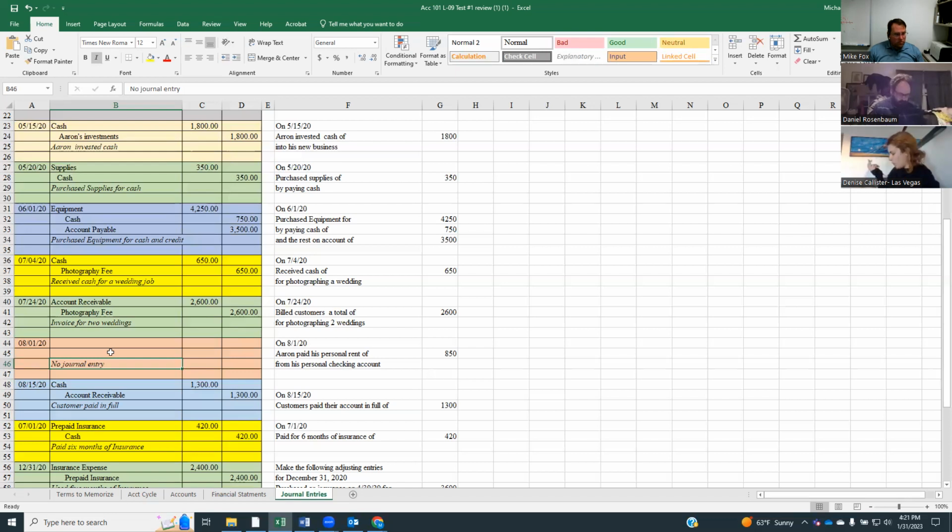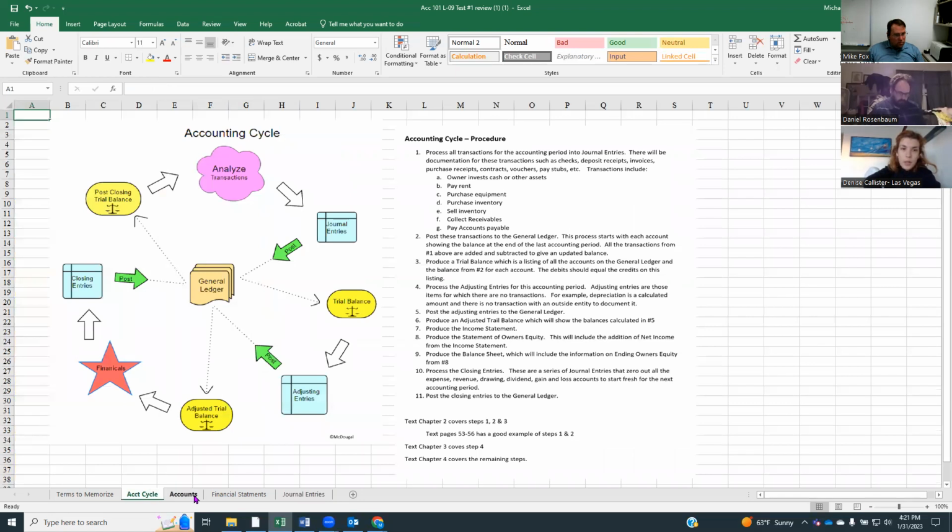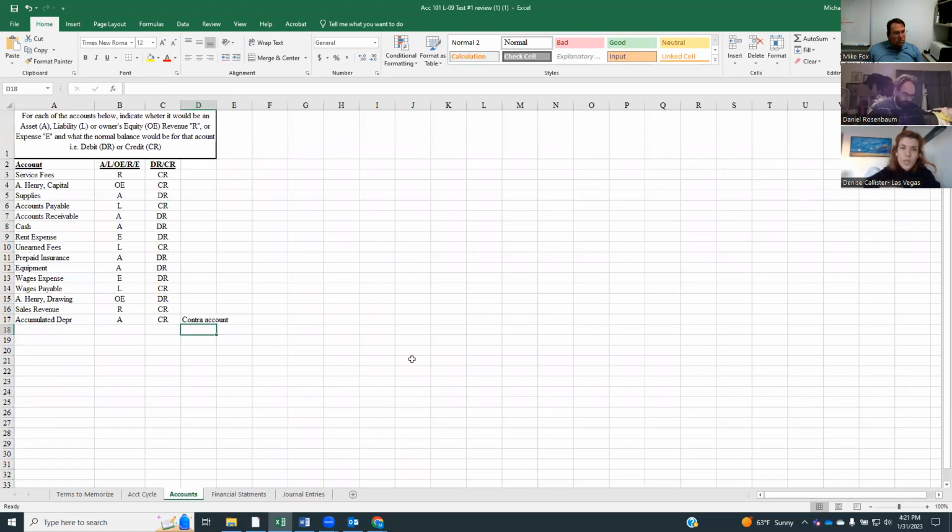My last one was in the account cycles. No, I think it's under accounts, where we have to choose. Accumulated depreciation, I put it under assets, but in theory it's not really an asset, it's a contra account. Will that be a correct way to do it? No, that's exactly right.